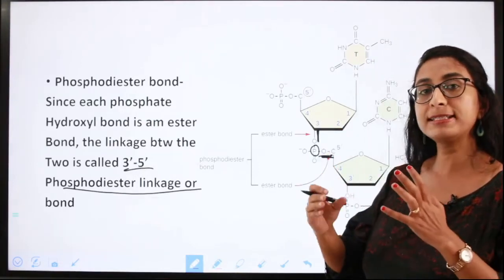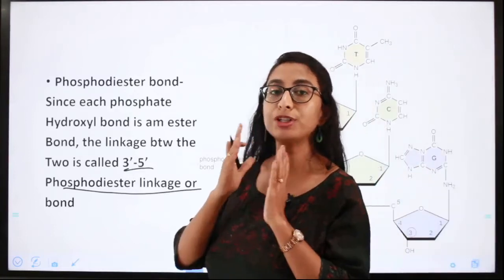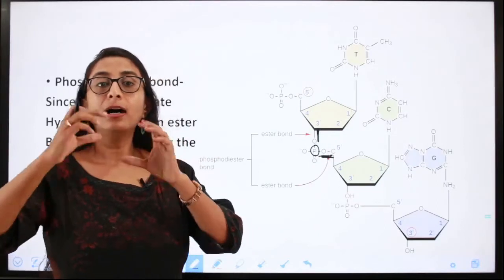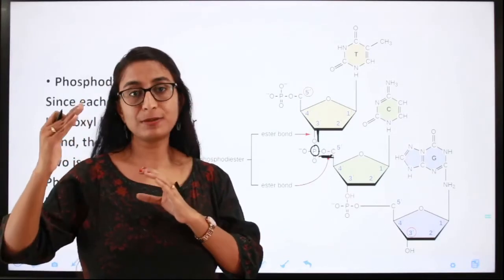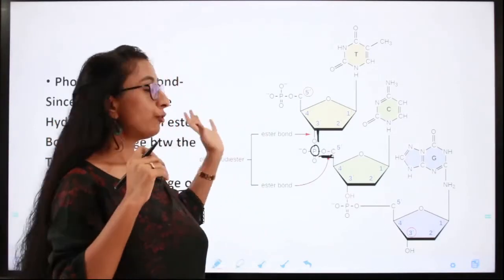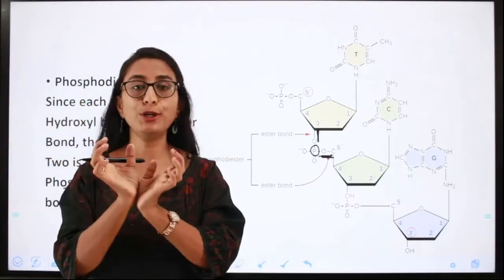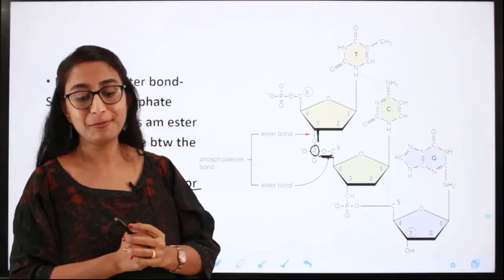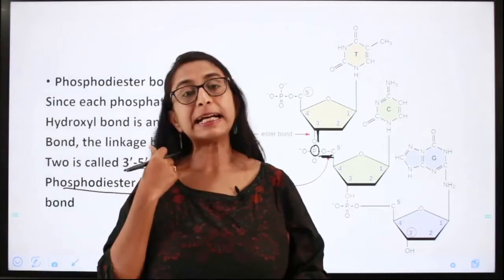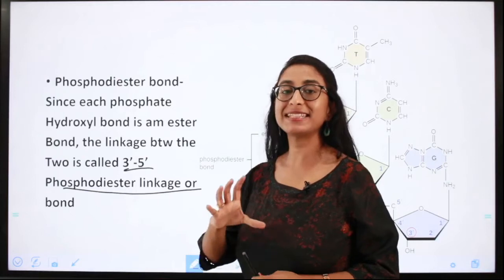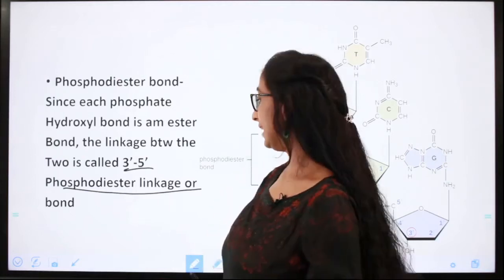Now did you understand what a glycosidic bond and a phosphodiester bond are? The glycosidic bond is between a pentose sugar and a nitrogenous base, whereas the phosphodiester bond connects two adjacent nucleotides, and both are formed by a condensation reaction which involves elimination of water. So these are the two important bonds in the DNA structure.